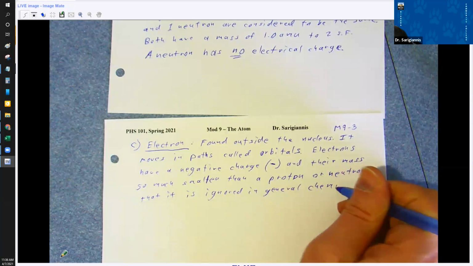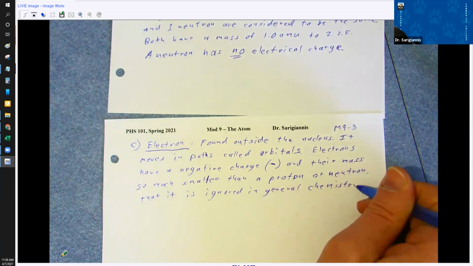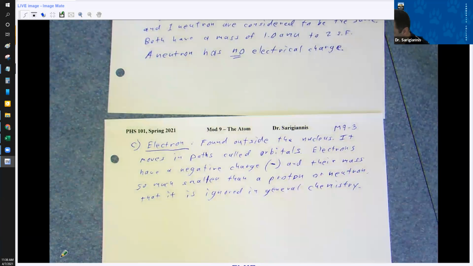So the electron is not ignored, just the mass of the electron. We're not ignoring the electron. The electron is important for chemical bonding.